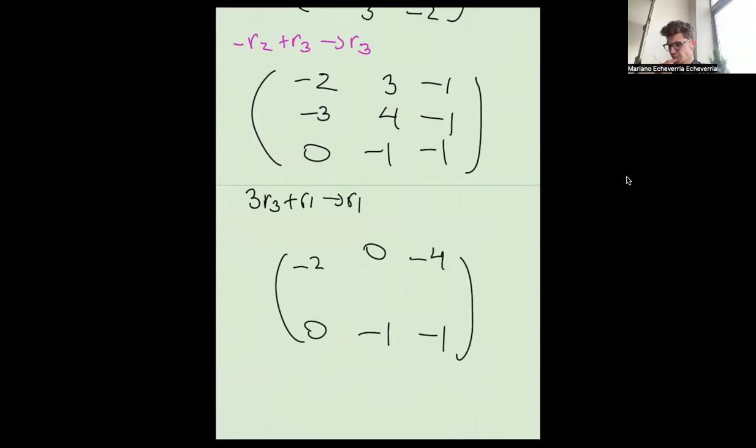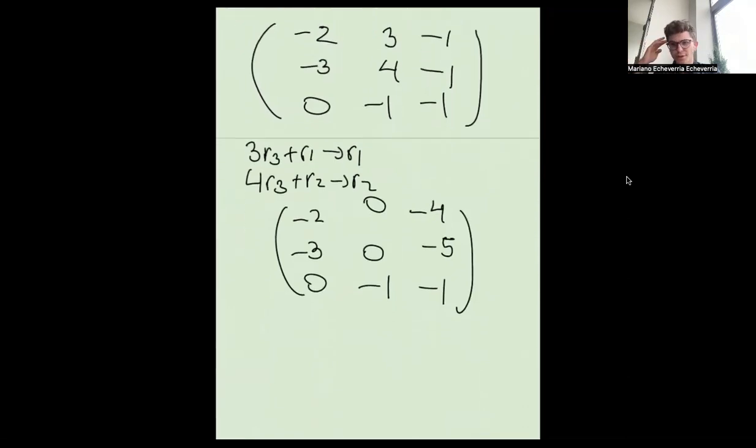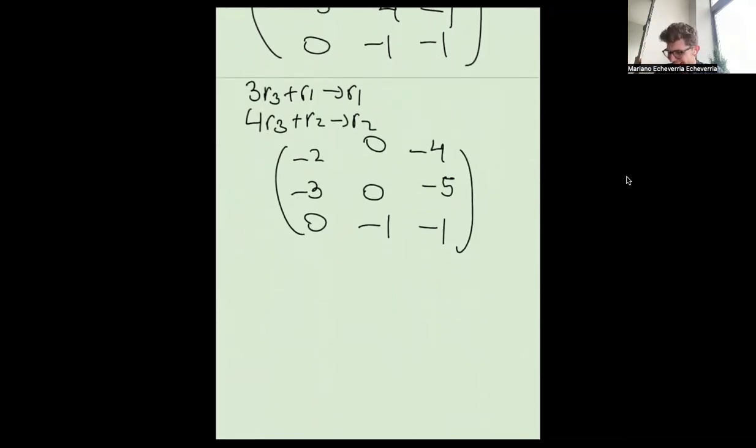Okay. And then I need to do 4 row 3 plus row 2 into row 2. So it gives you -3, 0, and then -5. Is that better now? Yeah. Okay, let's hope that this was the only mistake.